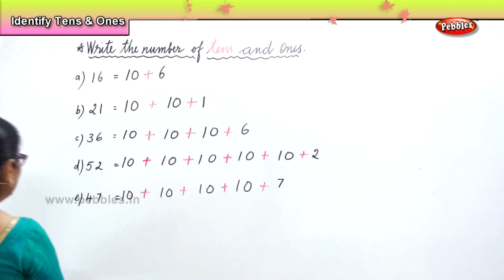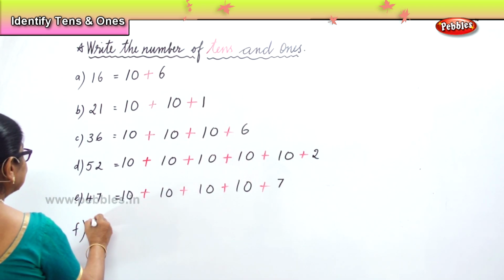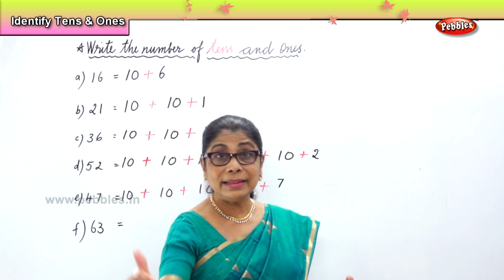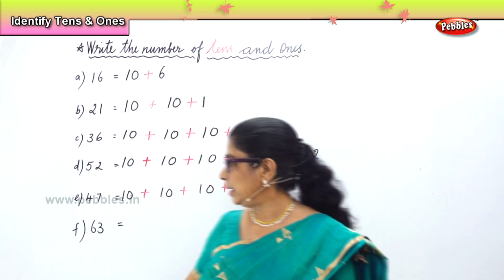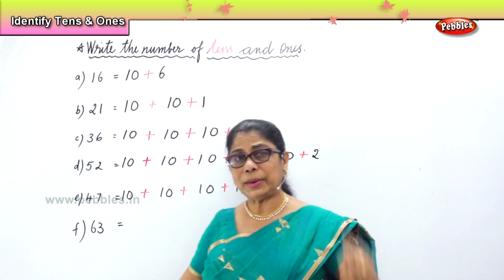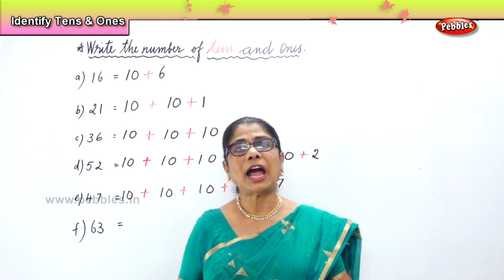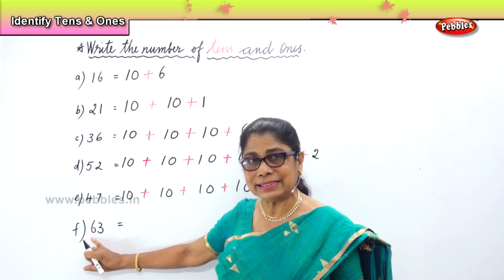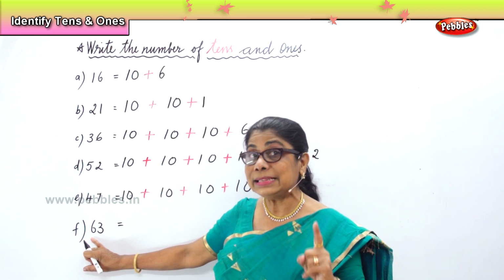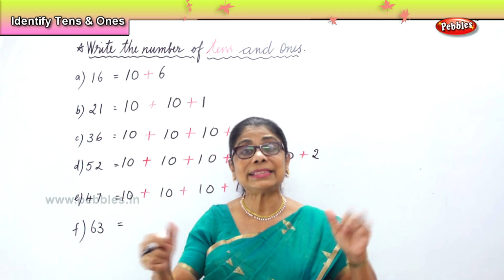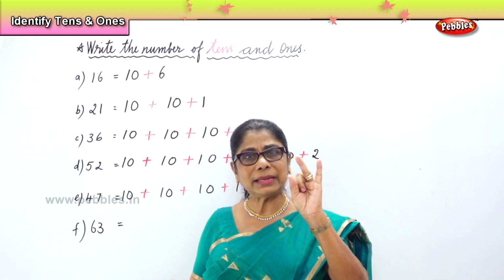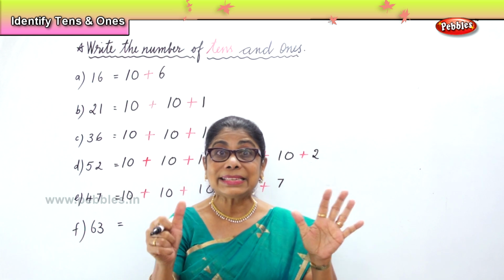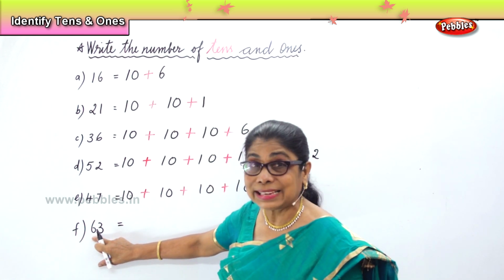Look at the numeral 63. Now, in 63, 6 in the tens place and 3 in the ones place. When you say 60, how many tens are there in 6 tens? Very good. 6 tens. 10 plus 10 plus 10 plus 10 plus 10 plus 10. 6 tens is 60.